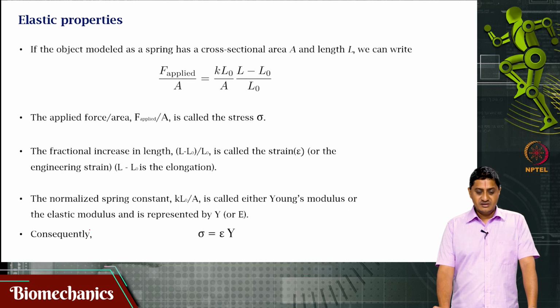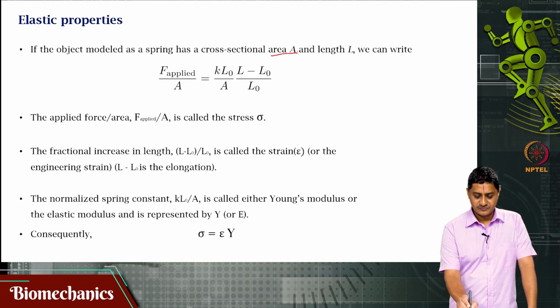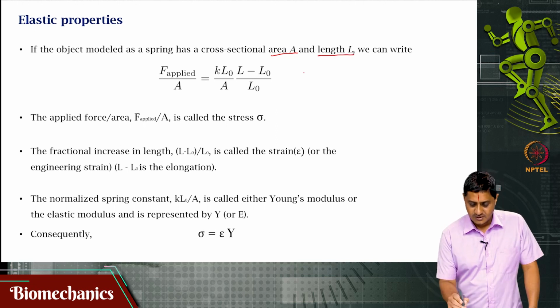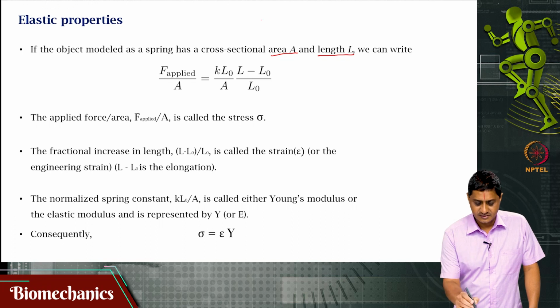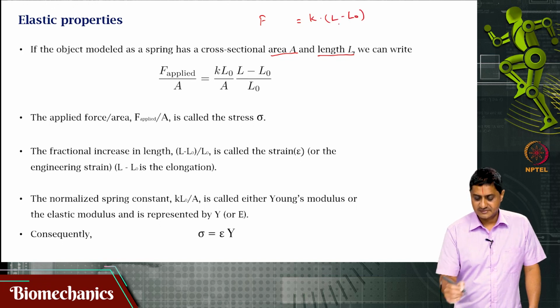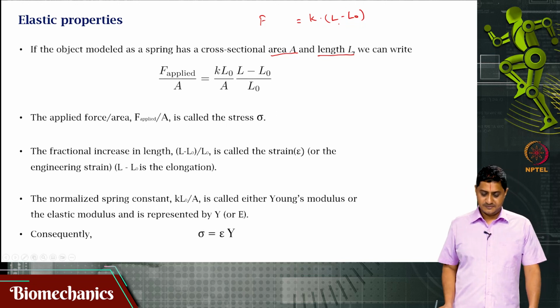Now, if the object has a cross sectional area A and a length L, let us rewrite the precursor to this equation. The restoring force F is k times the change in length.